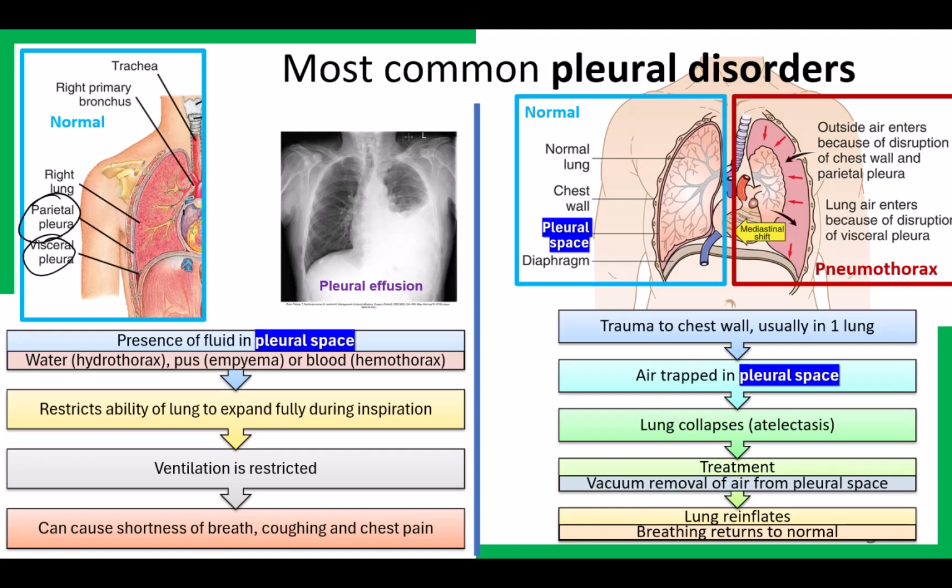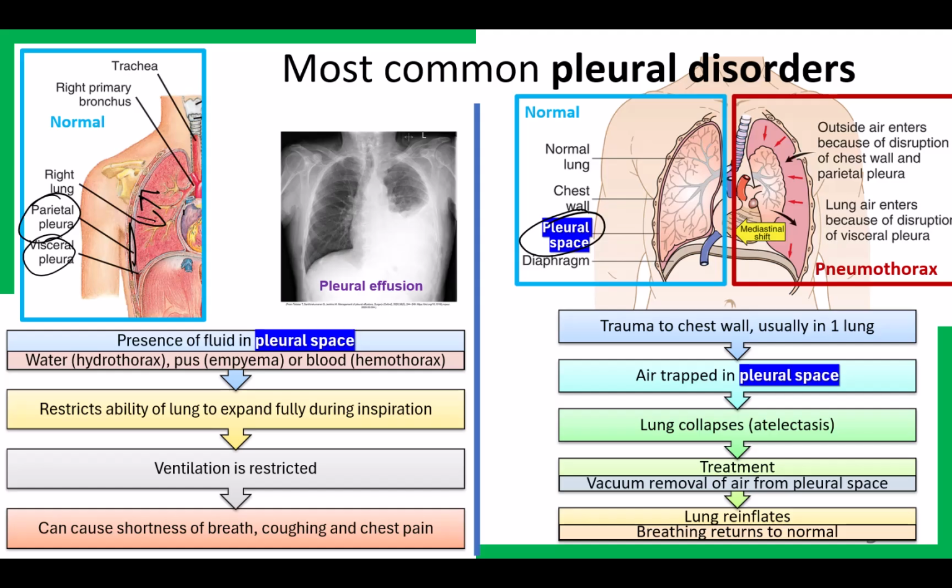And you've got the parietal pleura that's, again, effectively stuck onto the inner side of the thoracic cavity. In the middle, we've got the pleural space, and the pleural space usually has a little bit of fluid in it to help the lungs expand and contract as the thoracic wall expands and contracts.